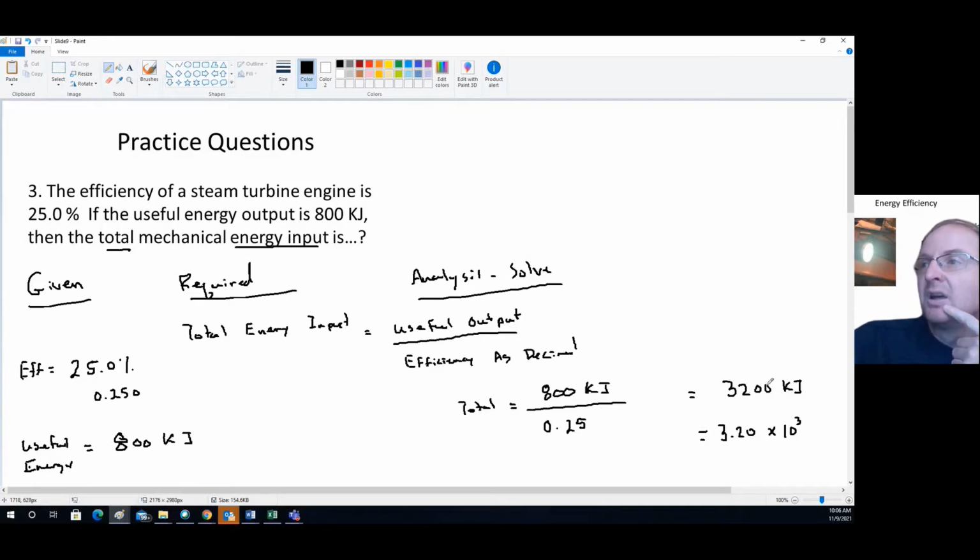The first place here is the tens, hundreds, thousands. So this just says 3,000 essentially, or 3,200 to be more specific, kilojoules of total energy input. A little paraphrase there, period.